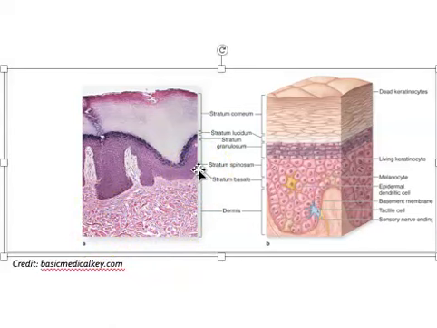Remember, the stratum basale is one layer of cells. Directly above that one layer is stratum spinosum. So under the light microscope, the stratum spinosum is all of this layer of light purple cells. Well, if you go back to the drawing, all of this is stratum spinosum. Notice that a lot of these cells look cuboidal.